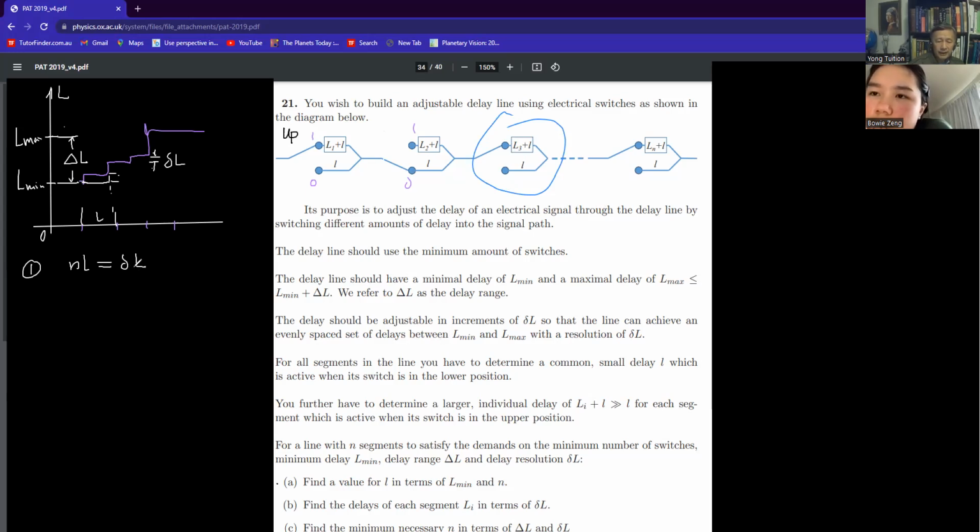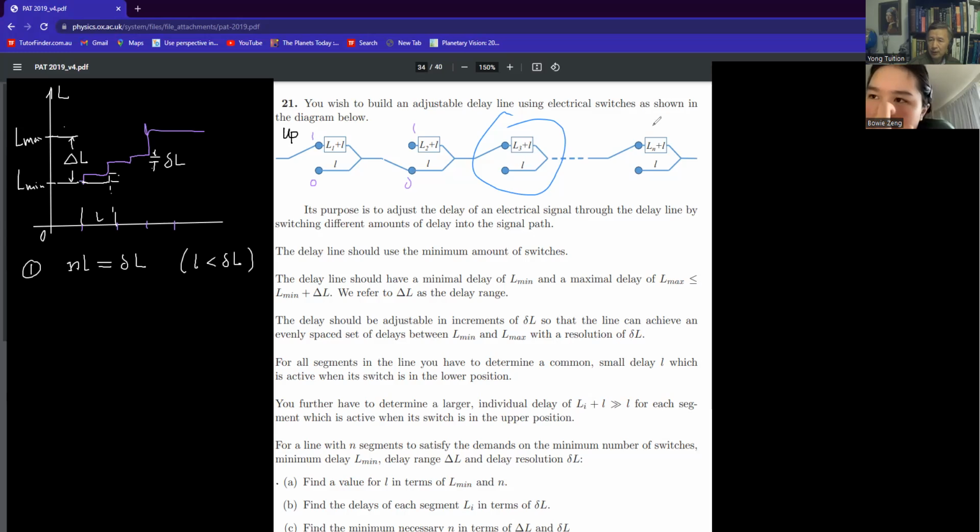So basically, this is my concern. There is a small L delay, and my argument is that L itself should be smaller than the constraint, the resolution. In other words, this number also represents how many segments.